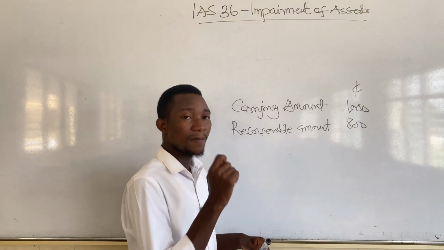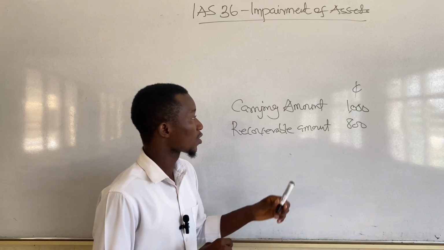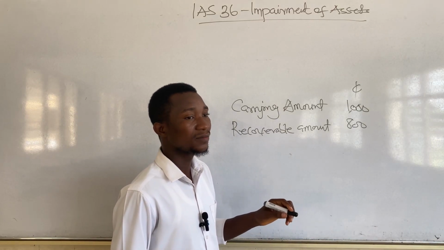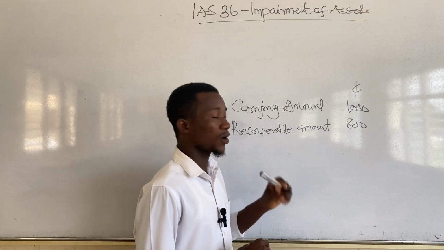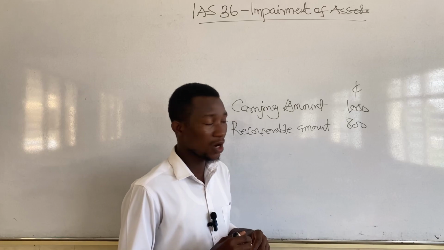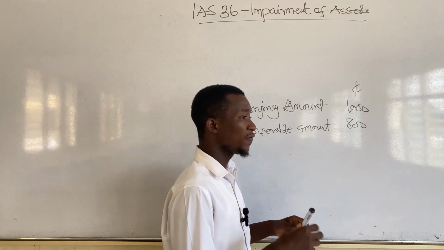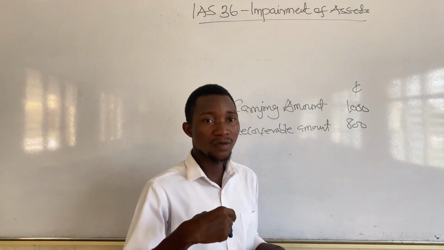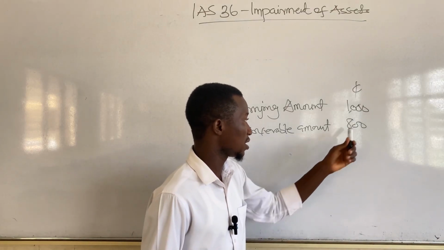And this standard is saying that we shouldn't recognize an asset in the statement of financial position greater than its recoverable amount. The recoverable amount is its fair value. Is that okay? So if we want to use the asset for some period of time, the cash flows that this asset will generate for us is 800.